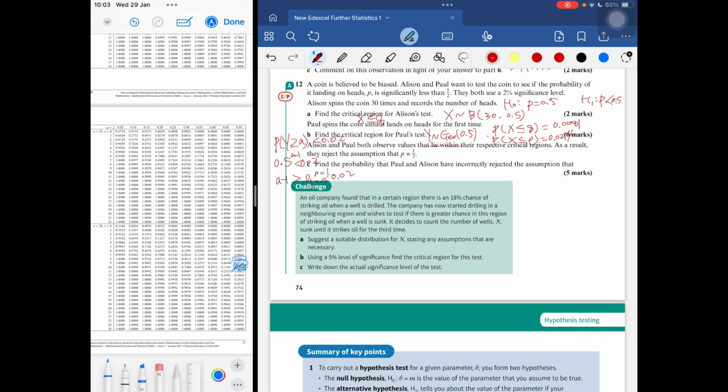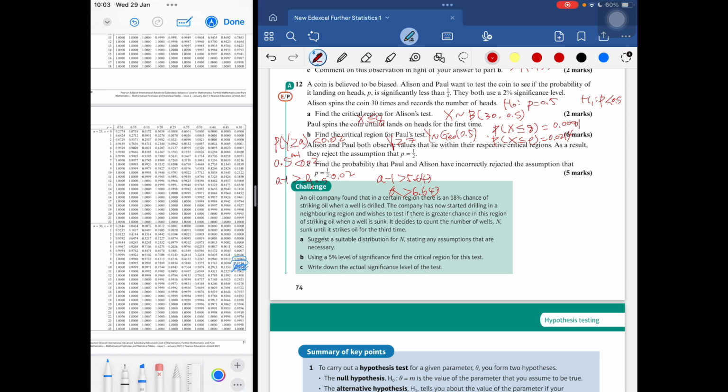So log 0.02 over log 0.5, A minus 1 is 5.643, A is 6.643, which is Y is larger than or equal to 7.